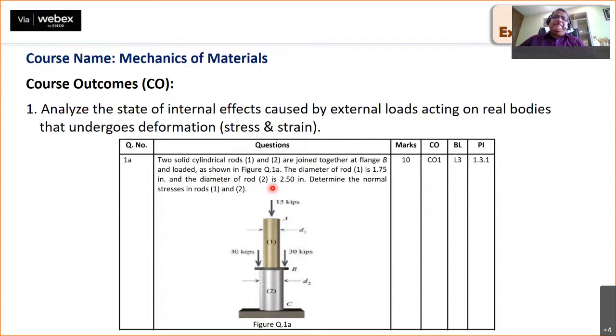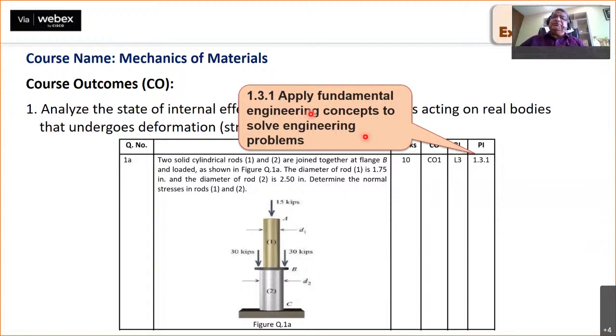Looking at this, you can safely say it is L3 level. Since it is part of a fixed hour exam, there is only one value of marks, one value of CO, one value of Bloom's taxonomy level, one value of performance indicator. Why 1.3.1? Because it is applying fundamental engineering concepts to solve engineering problems. Therefore, it is 1.3.1.